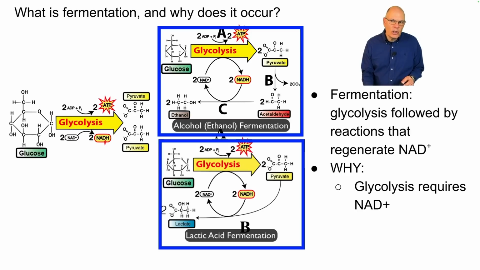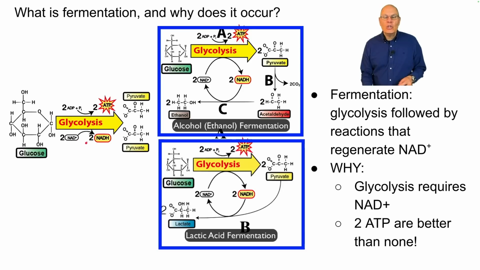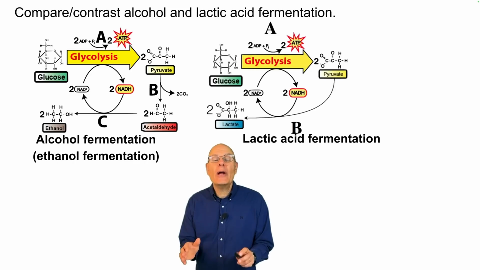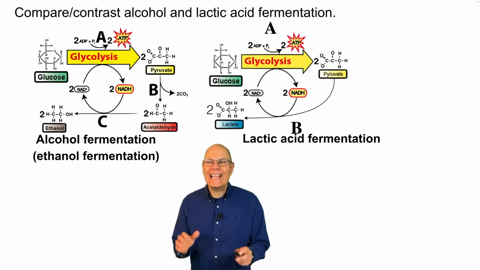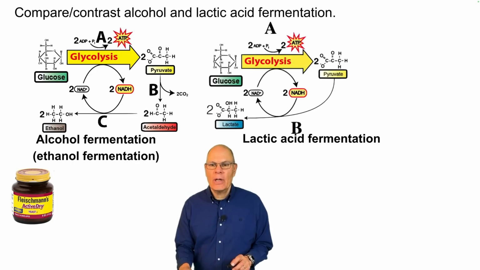Glycolysis, however, can only create those 2 ATPs if NAD+ is available. It's a substrate for one of the reactions of glycolysis. So 2 ATP are better than none, and that's why animals like us perform lactic acid fermentation when oxygen is unavailable.